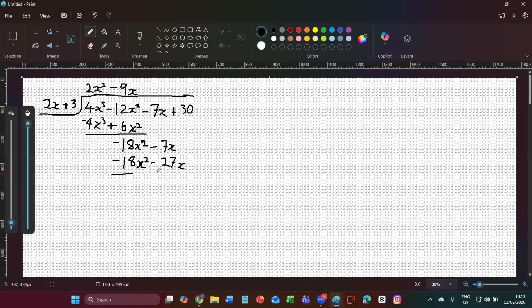Then we'll now subtract again. Minus 18x squared minus minus 18x squared is as good as minus 18 plus 18, isn't it? Yes, sir. Now let's take a look at this one. Minus 7x minus minus 27x is as good as minus 7x plus 27x.